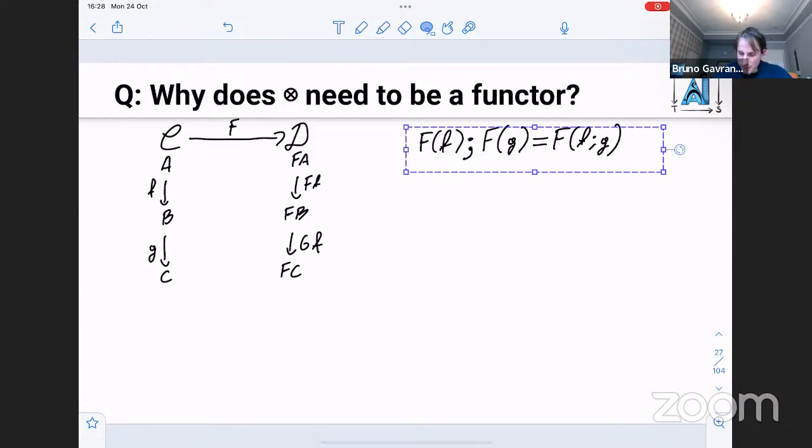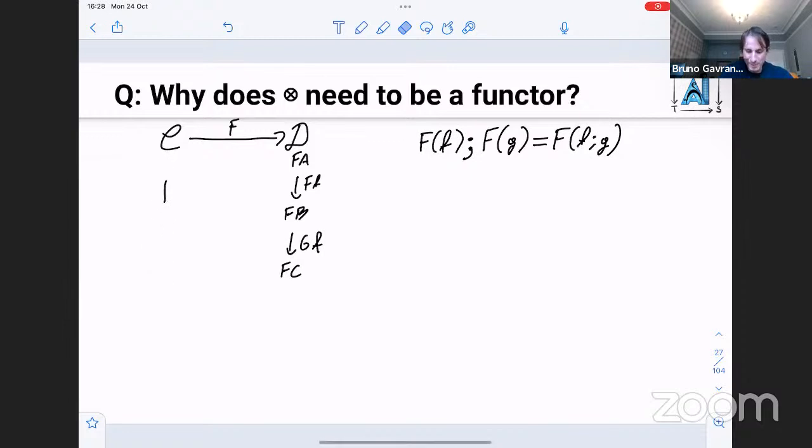So what we see here is something that a functor needs to satisfy. So the question of why does the monoidal product need to be a functor can be unpacked to the following question. We are going to study what functoriality of this tensor means.